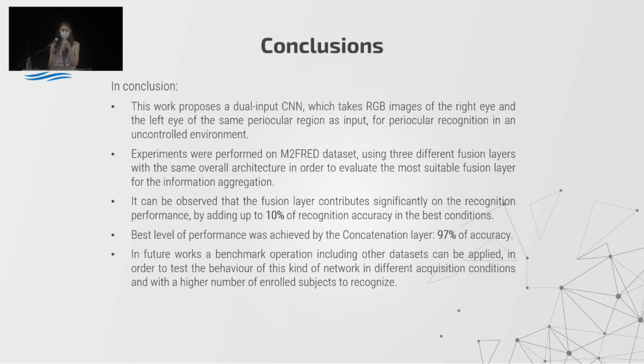It can be observed that the best fusion layer is the concatenation layer with an accuracy of 97%, and the fusion contributes by adding up a 10% of recognition accuracy with respect to the base model applied with the separate input.